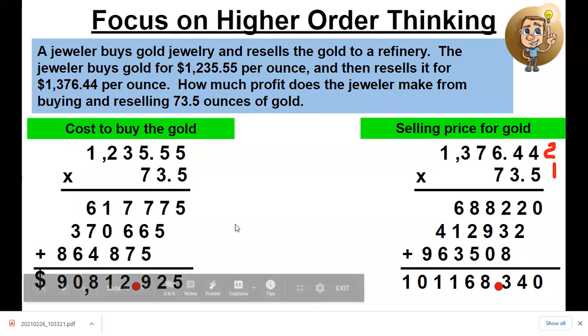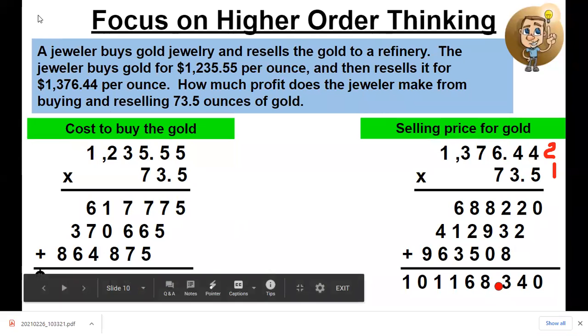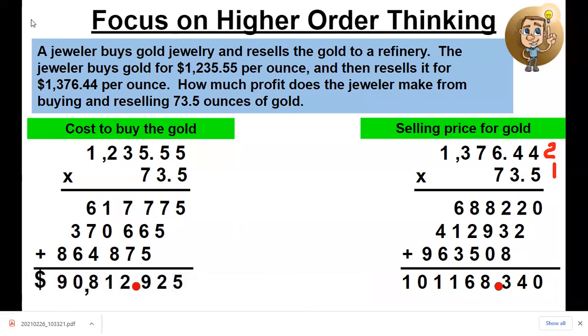So now we got to figure out the profit. So we figured out how much it costs to buy the gold. We figured out how much he sells the gold for. Now let's see if we can figure out our profit. So that's a subtraction problem.